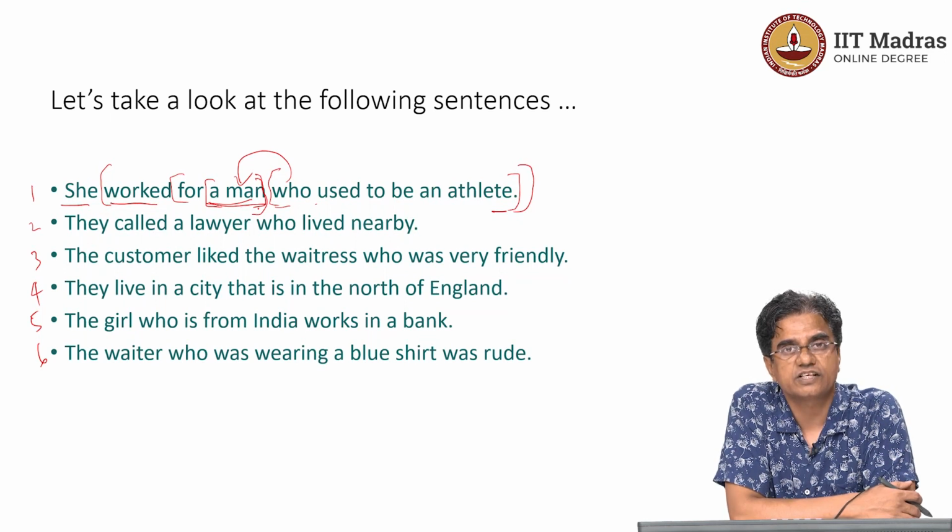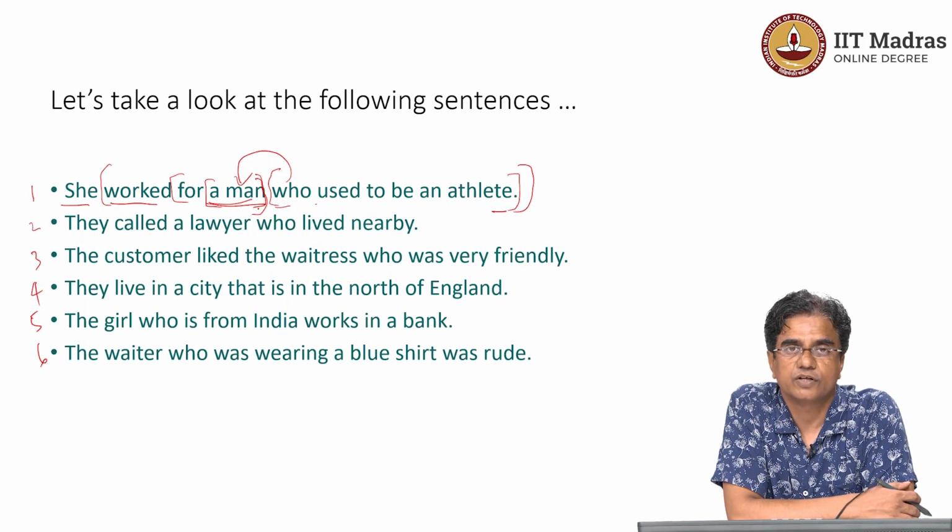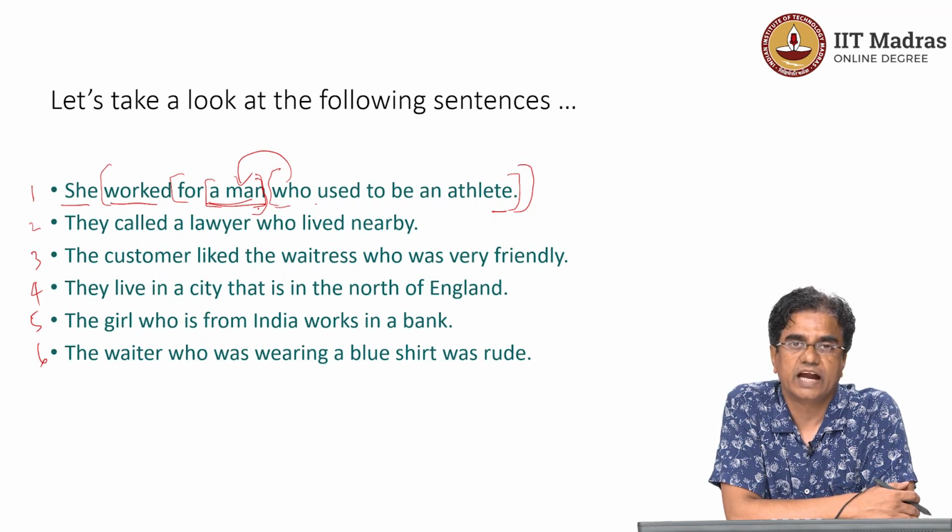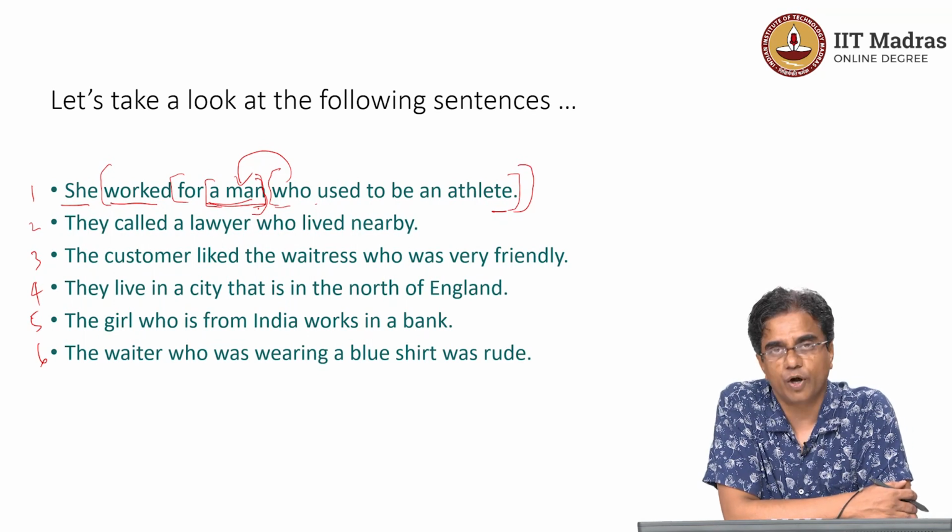Function-wise, an adjective has the same function as a relative clause, or we can say a relative clause in a sentence is exactly functioning like an adjective. The way adjectives modify a noun, a relative clause modifies a noun too. So, we understand the meaning of modifier.